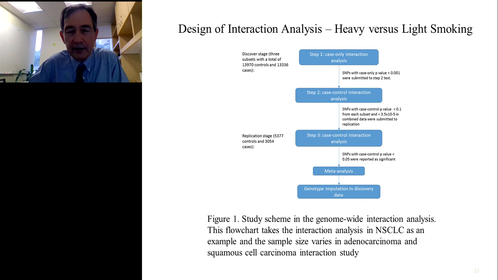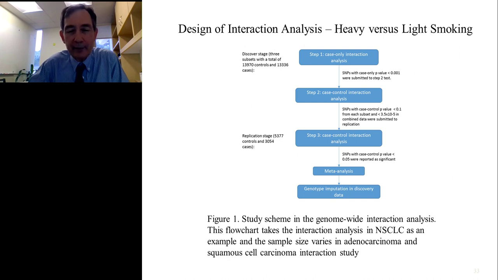And that allows for an interaction analysis, which is more powerful, it turns out, than a case control design. The problem with a case-only analysis is it's also sensitive to any kind of substructure, or ethnic substructure in particular, in your population. So we followed that up with a case control design, which is not as sensitive to that.